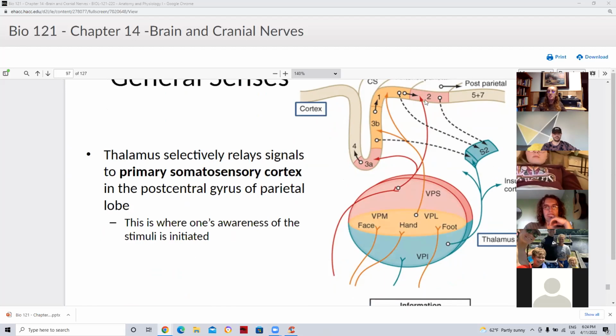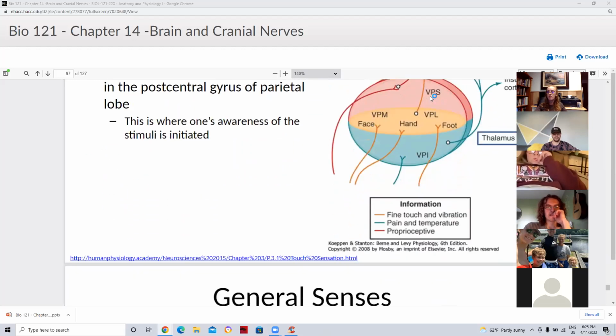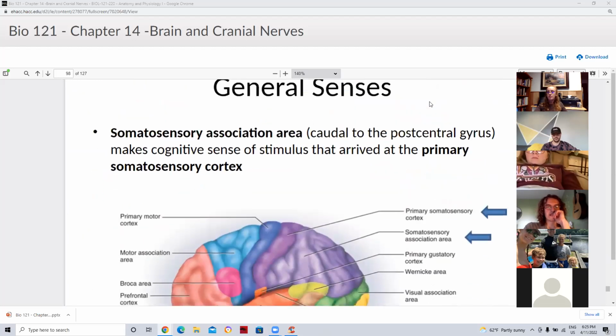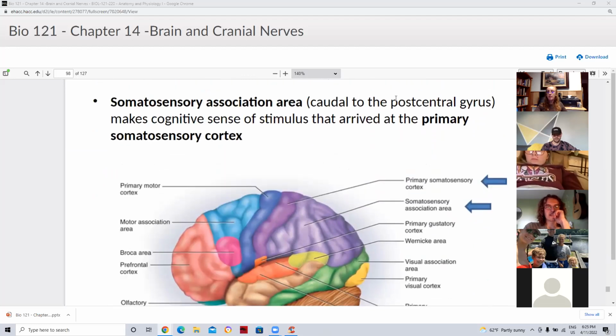The somatosensory association area is where you're actually going to identify, classify, and categorize whatever you're feeling. It is going to make sense of that stimulus.